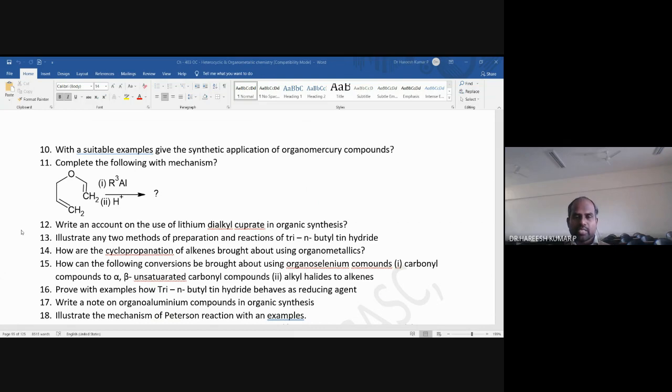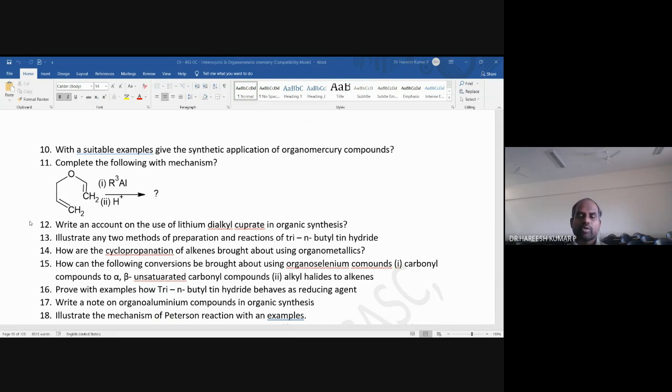So prove with the example how tributyl tin hydride behaves as a reducing agent. That means it will act as a source of hydride. So hydride will add to one carbon, and oxygen will form a bond with tin.